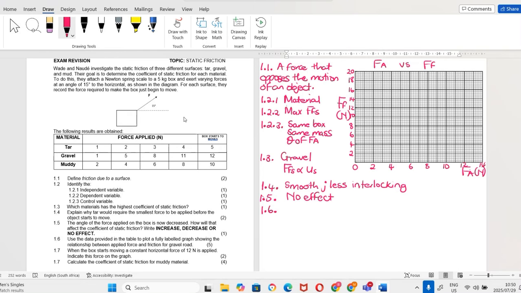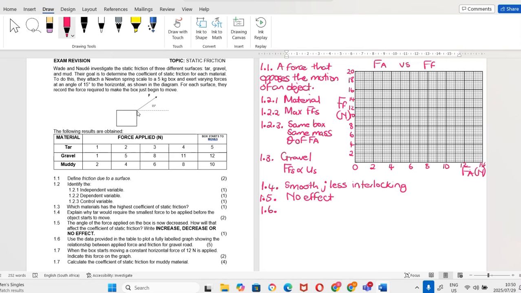So let us now again begin. There's something else that you need to notice here, that the force that is applied is at an angle. If you wanted to calculate the horizontal force, that would be parallel to the frictional force. Remember, friction is parallel to the surface the object is in contact with.